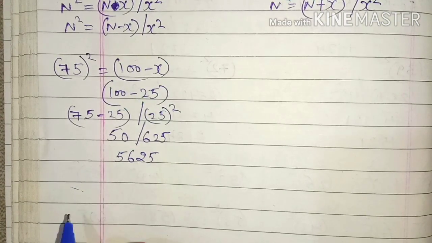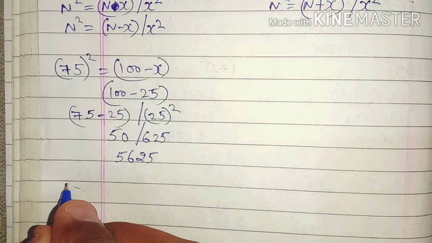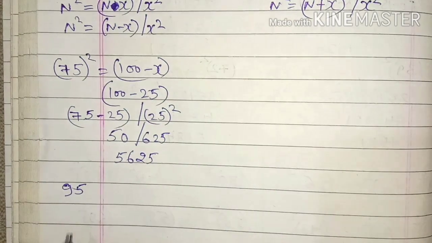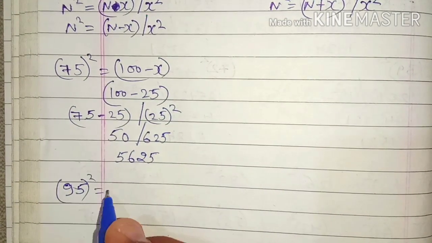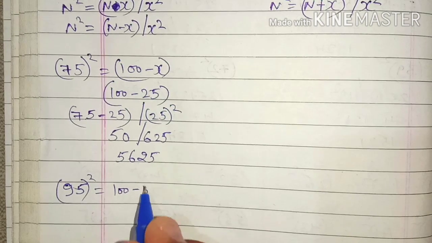Now take one more example. We have to find the square of 95. We can write it as 100 minus 5.